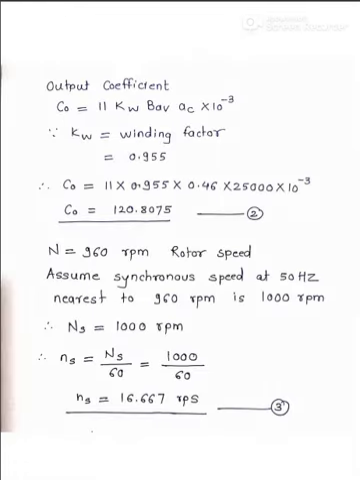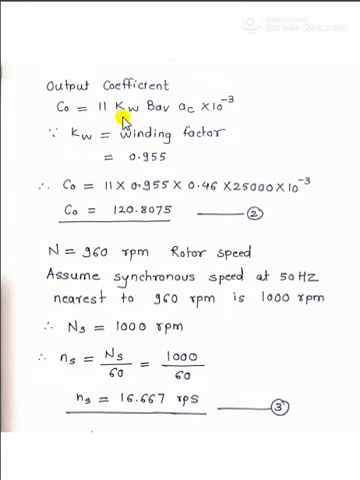Next we will move on to finding the output coefficient C naught. C naught is equal to 11 kw B average ac into 10 raised to minus 3. Here B average and ac we already know, because B average means specific magnetic loading, ac means specific electric loading, and these two parameters are already mentioned in the problem statement.